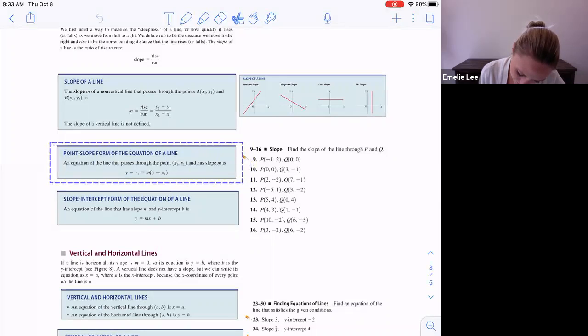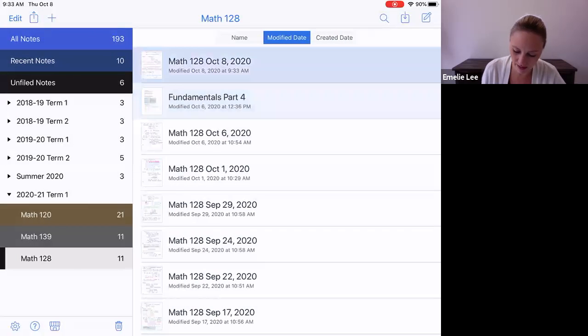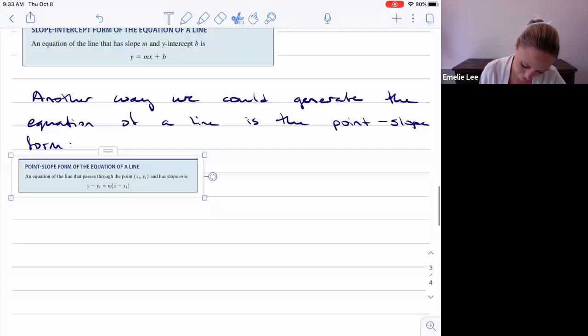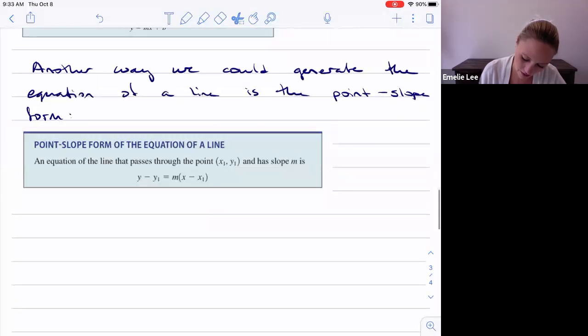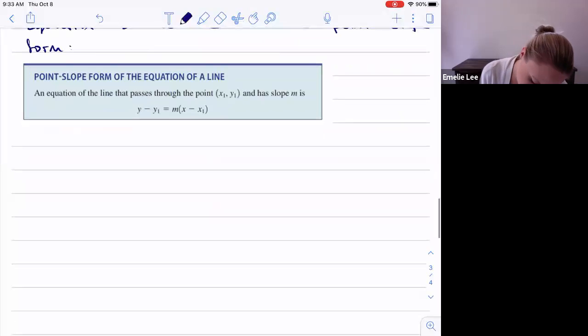Point slope form of a line. So if we're passing through any point x1, y1, and we know the slope m, just any m, then what we do is we use this equation: y minus y1 is m all times x minus x1. Okay.